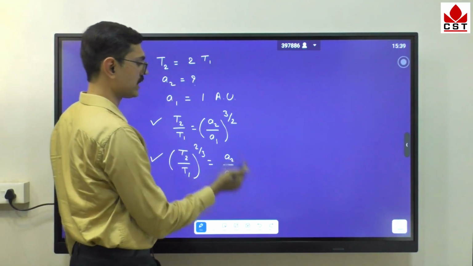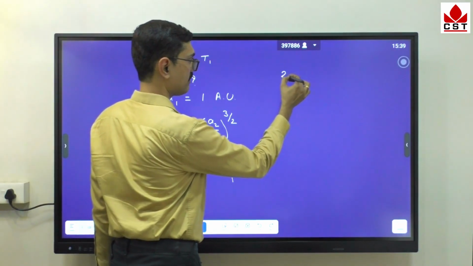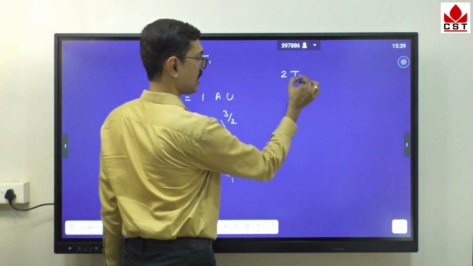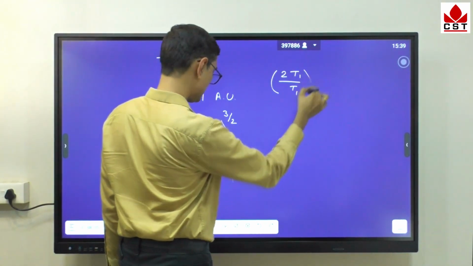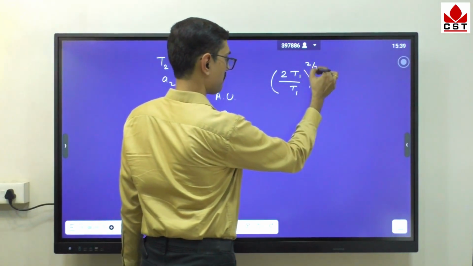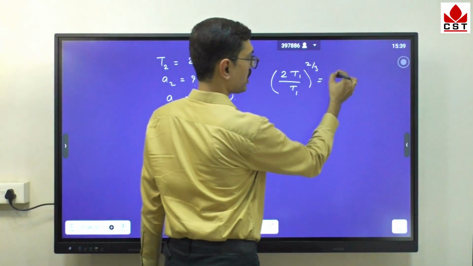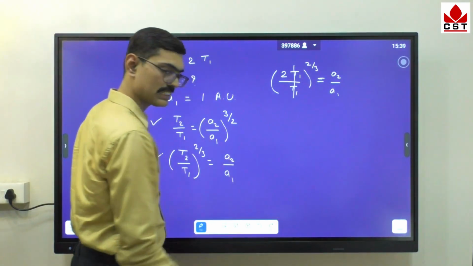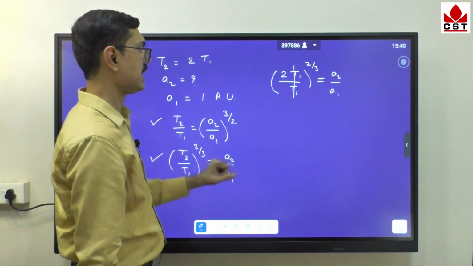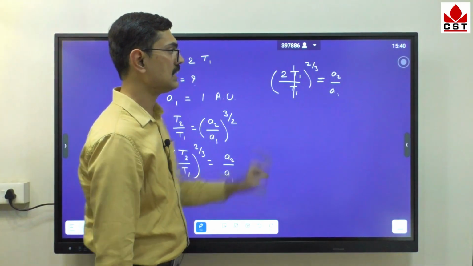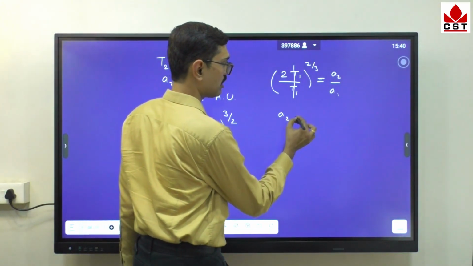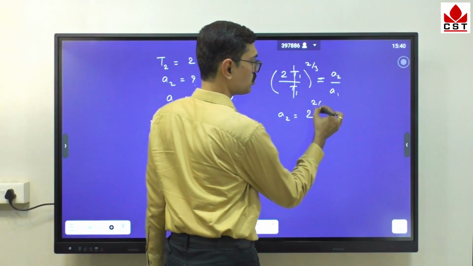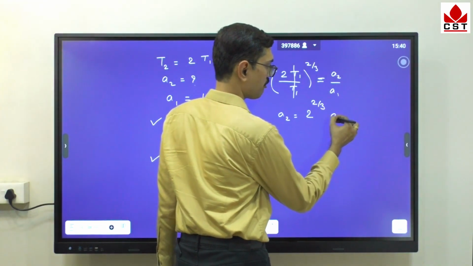So T2 is 2 times T1. So we will have (2 times T1 upon T1) raised to 2 by 3 is equal to A2 by A1. T1 gets cancelled, so the time period gets cancelled, and we have the second distance as 2 raised to 2 by 3 of A1.